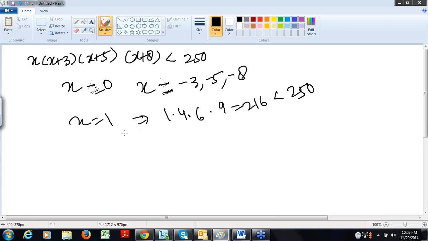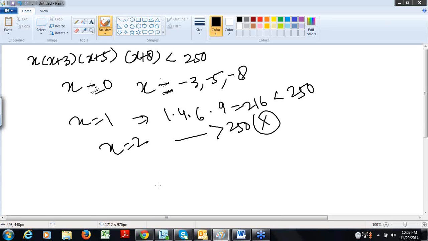Okay, so x is equal to 1 will also work. As soon as you put x is equal to 2, the inequality will be greater than 250. It will not hold good, so x is equal to 2 cannot be an option.